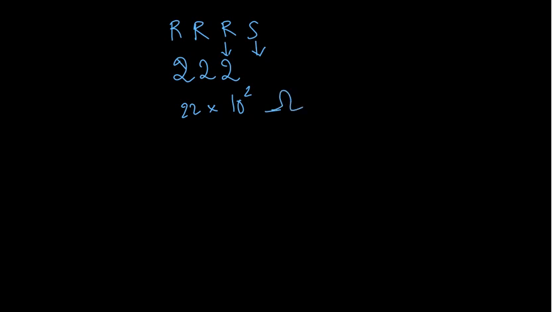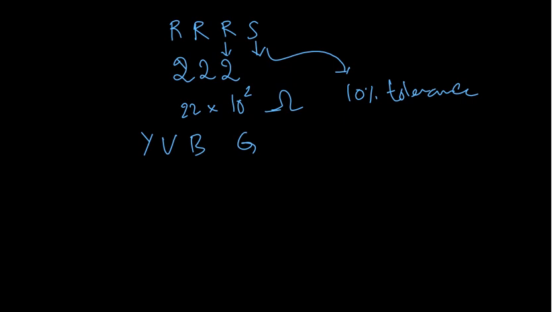Brown stands for 1, so that is 10 to the power of 1. So this third one goes for 10 to the power of 1. So you'll have 47 into 10 to the power of 1, and the gold means 5% tolerance. So this is how it is to be read.